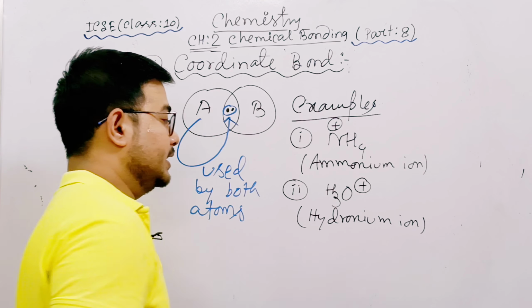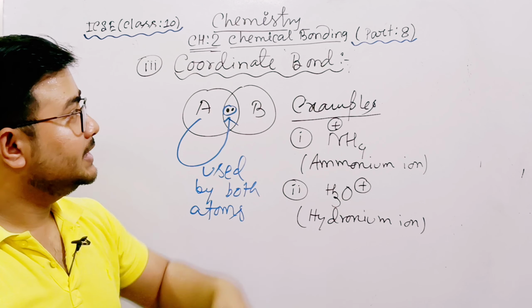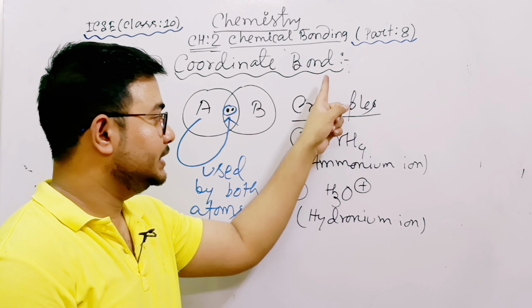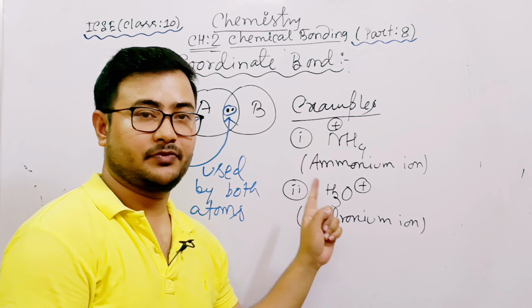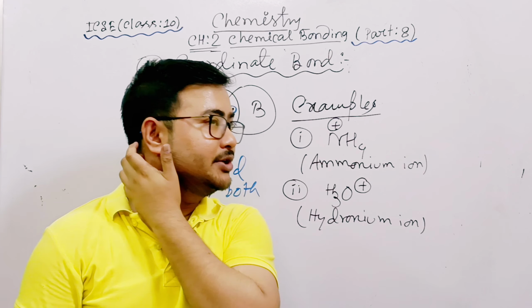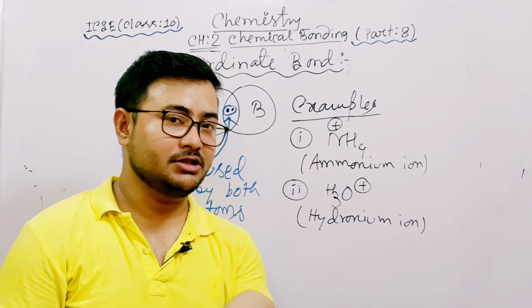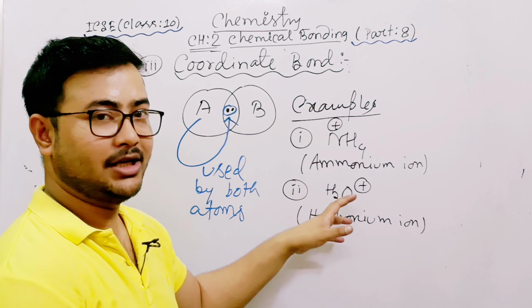Just memorize these two examples. In the next part I will discuss their formation. Not in this part, because if I explain everything in one part, it is difficult for the students to understand all the concepts in one part. So in the next part I'll explain this concept.